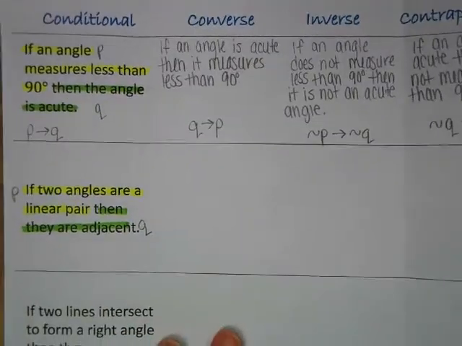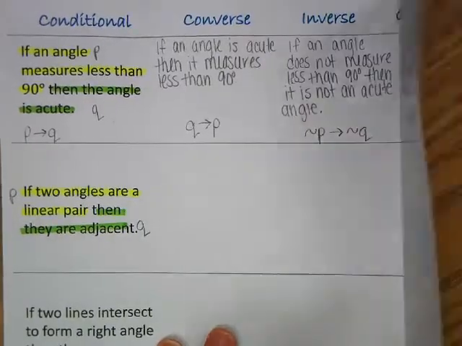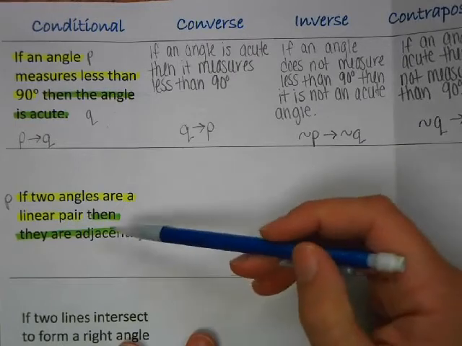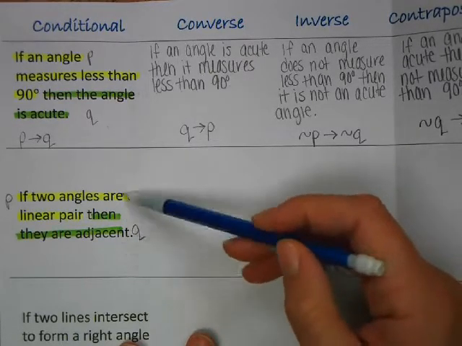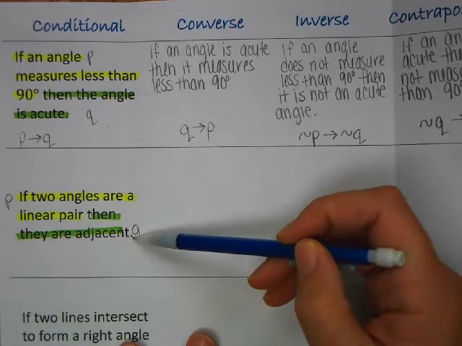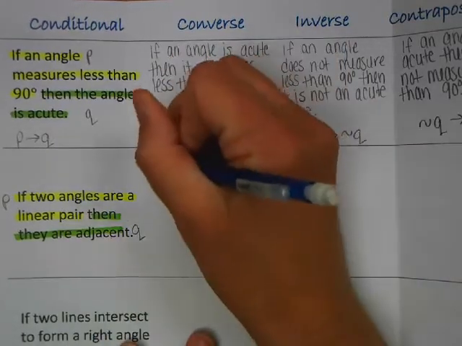If that helps you, practice writing these statements as often as you need. From the conditional statement, you're going to write the converse, so you're going to switch them around. You would say if two angles are adjacent, then they are a linear pair.